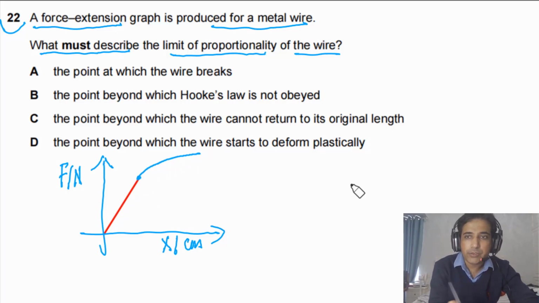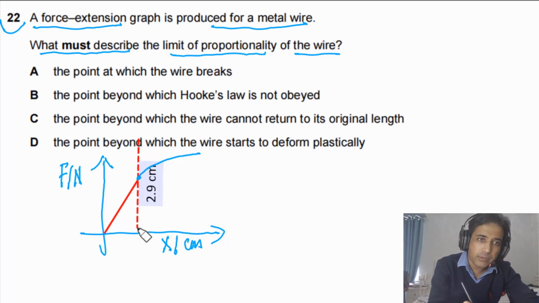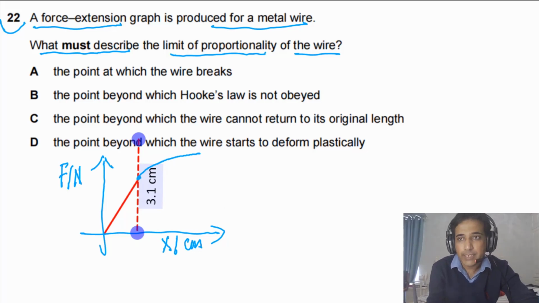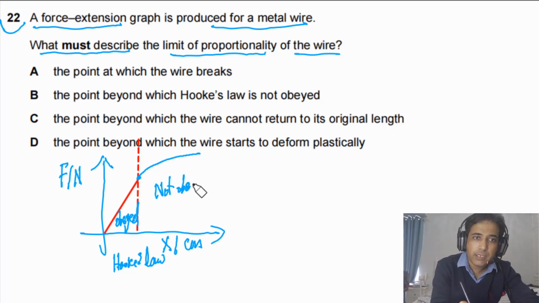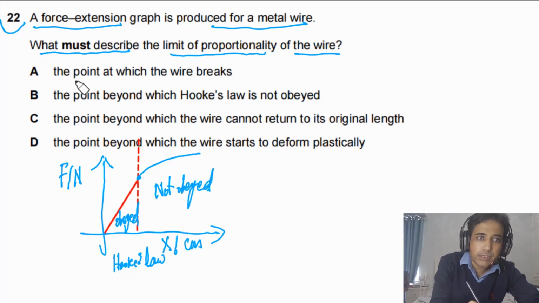So this point, until which the two quantities are proportional, we will say is the limit of proportionality. And until this point, Hooke's law is obeyed. So in this region, Hooke's law is obeyed, and in this region, Hooke's law is not obeyed. Now if you look at the given options, option A says the point at which the wire breaks.